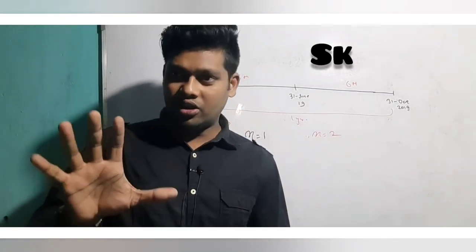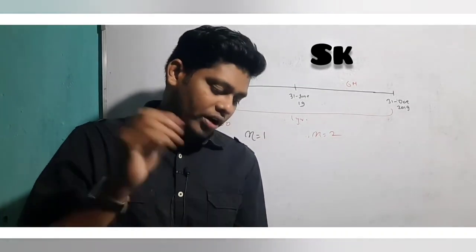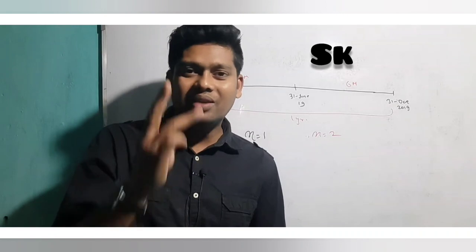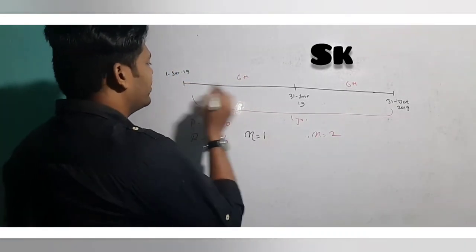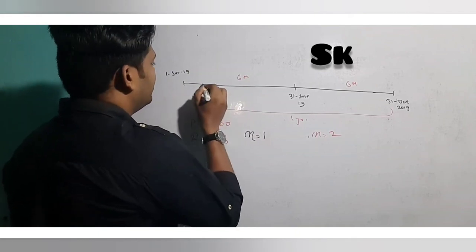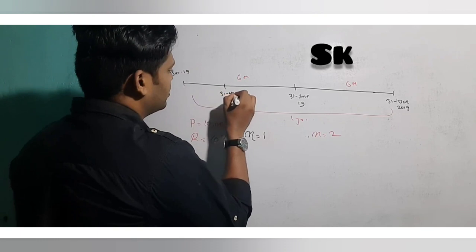Clear? Understood? In case they are saying in 1 year that it is quarterly. Quarterly means how much? 3 months. Understand this one. So here 3 months means January, February, March, so 31st March.